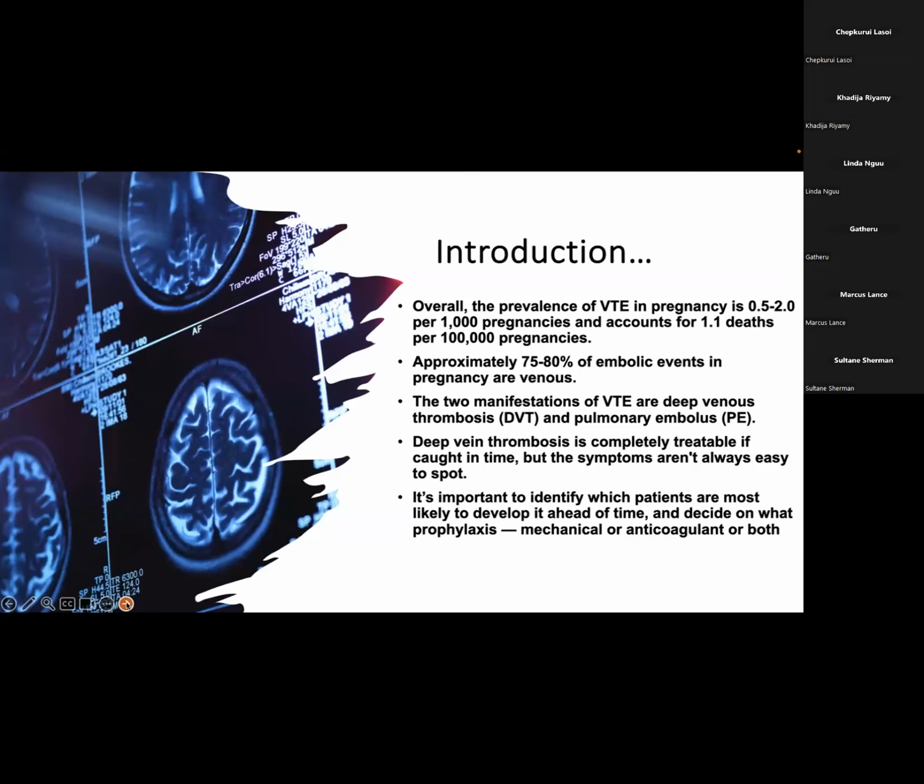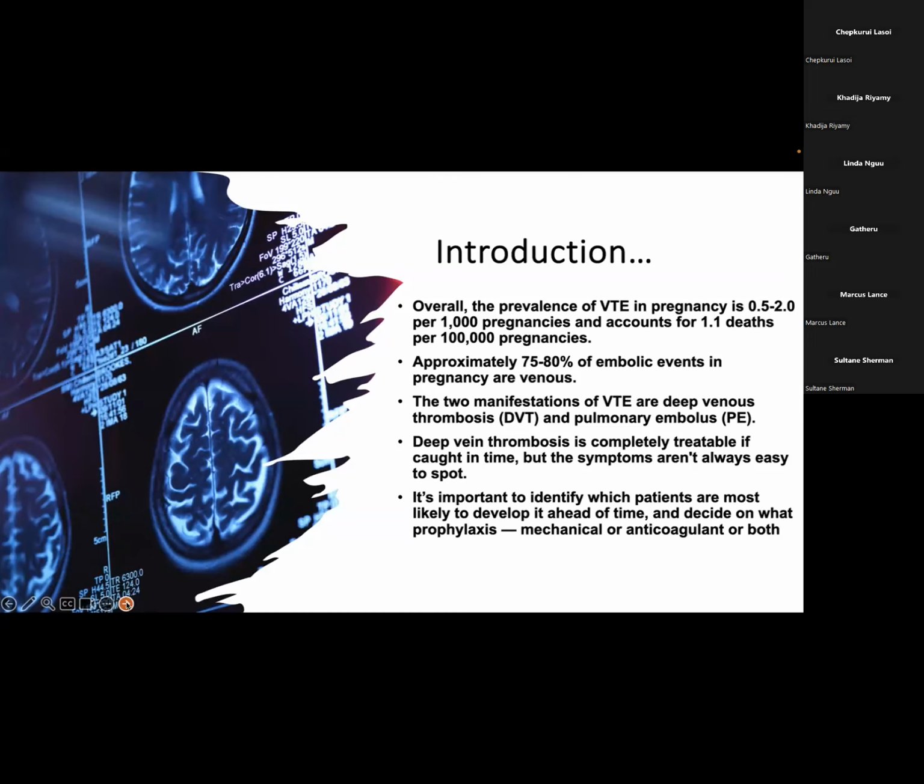Remember, pregnancy by itself is not a disease, it is a condition, and there should never be any reason why a pregnant woman should die. For whatever reason, we must try all means to prevent death through pregnancies. Approximately 75 to 80% of embolic events in pregnancy are venous.